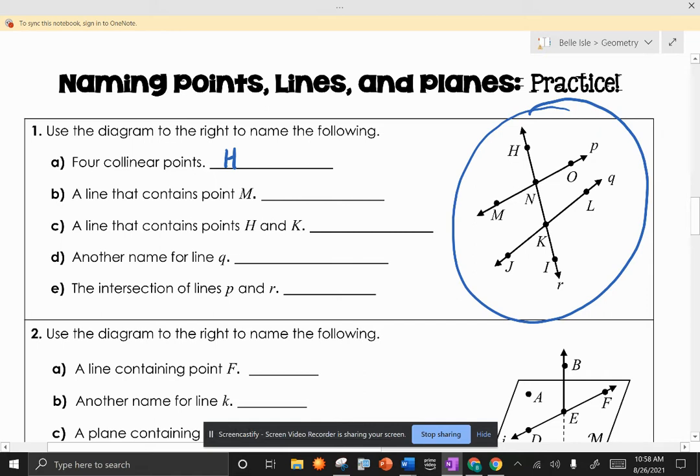So don't say H-I-K-N, because you're kind of bouncing all over the place. If you start on one end, just list them in order like that. So it should be H, N, K, and I.